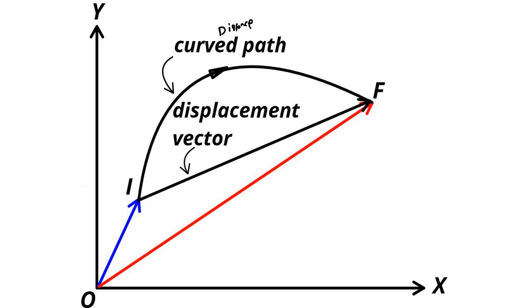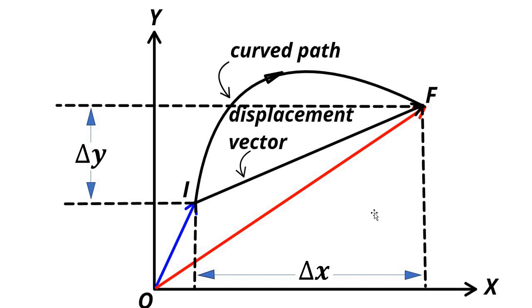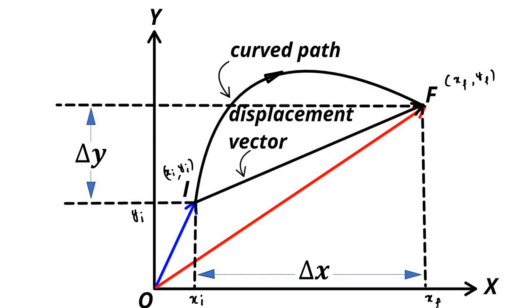So now let us specify the coordinates. Here, let's say the initial coordinates are xi, yi, and this is xf, yf. So this is xi and this is yi, and this is xf and this is yf.